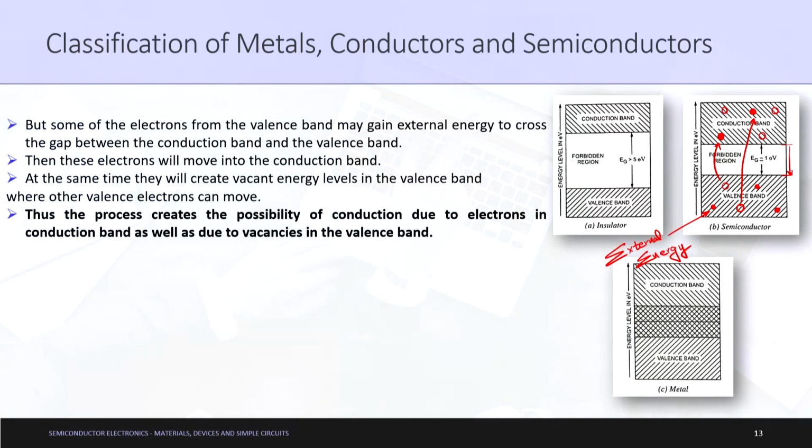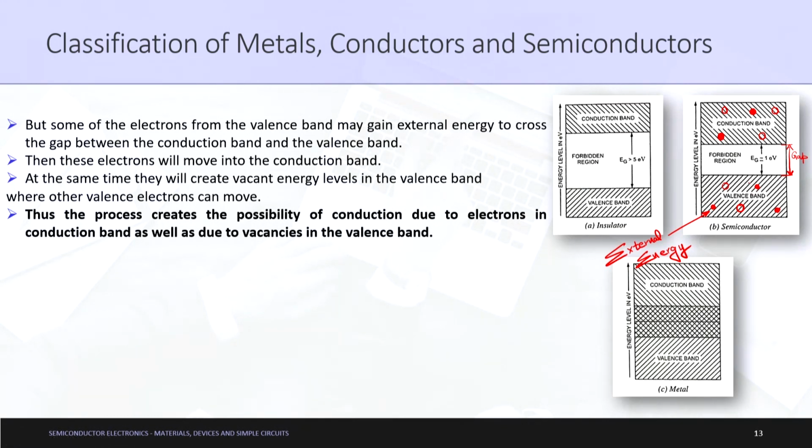So I am imparting an external energy to cross this gap. Then these electrons will move into the conduction band. As you can see, these electrons will move into the conduction band. At the same time, they will create vacant energy levels in the valence band. You can see that the vacant energy levels are being created here, where other valence electrons can move.